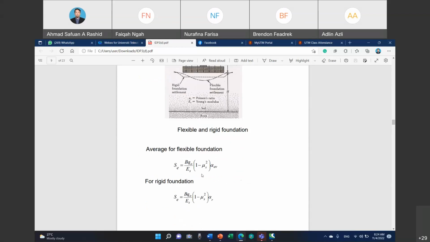So this is the equation untuk dapatkan the settlement. Make sure that the settlement should be less than 25 millimeter, that is the allowable settlement.